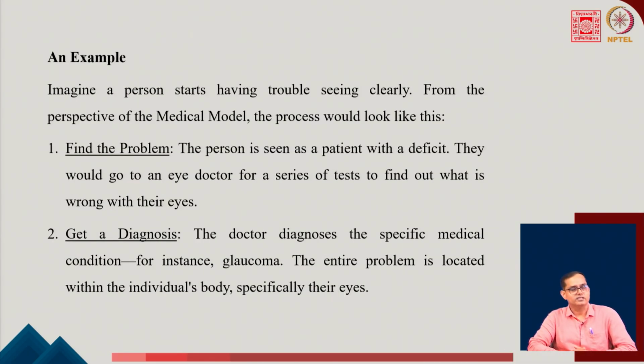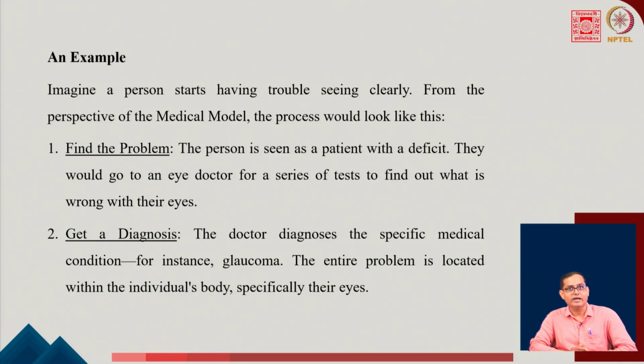Let us try to understand this model by taking an example. Imagine a person starts having trouble seeing clearly. From the perspective of this medical model, the process would look like this. First, find the problem. The person is seen as a patient with a deficit.